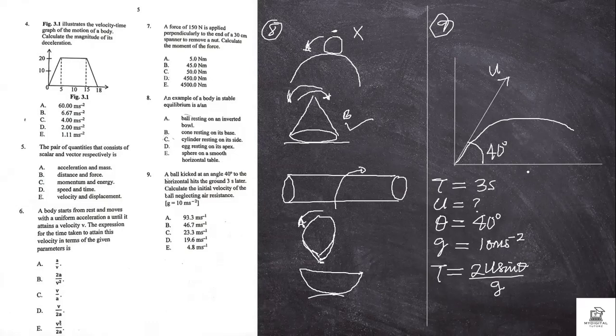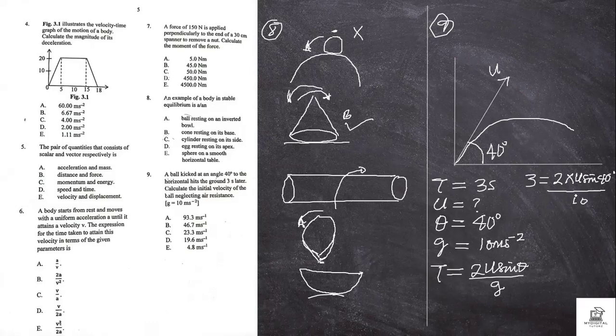So what is T? T is 3, equal to 2 multiplied by u sine 40 degrees, everything divided by 10.